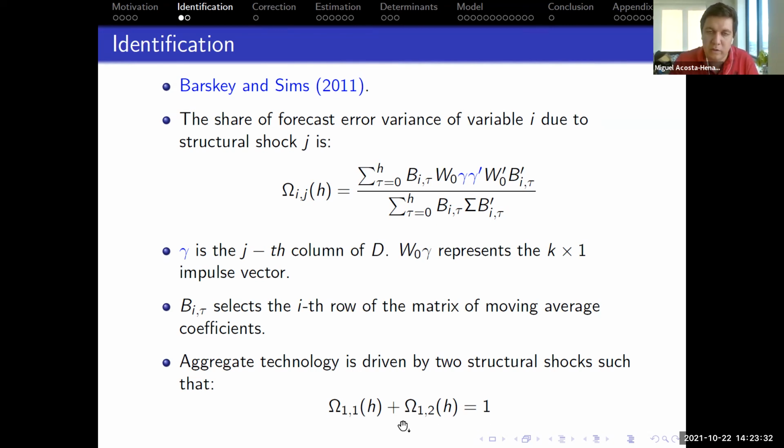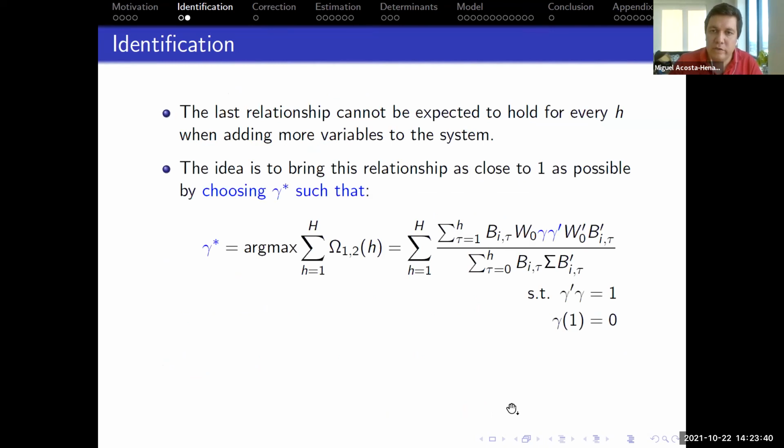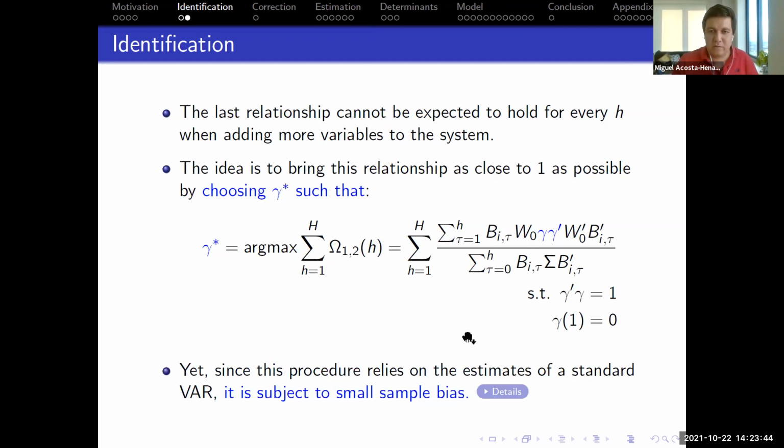So the sum of variance explained by those two shocks over its sum should be 1. So this turns out to be a maximization problem. I'm not going to dig into the explanation because I will lose all the time that I have.